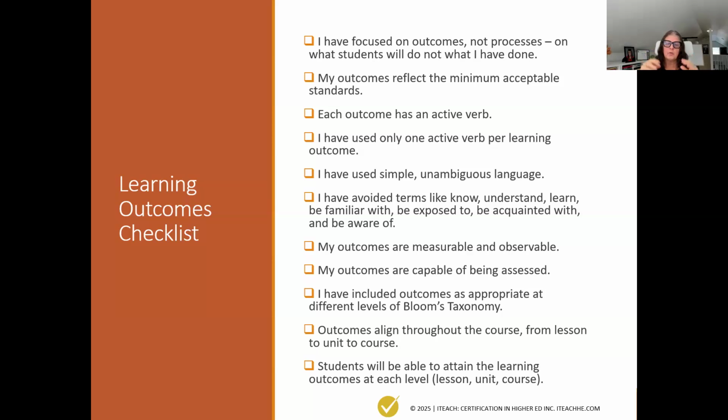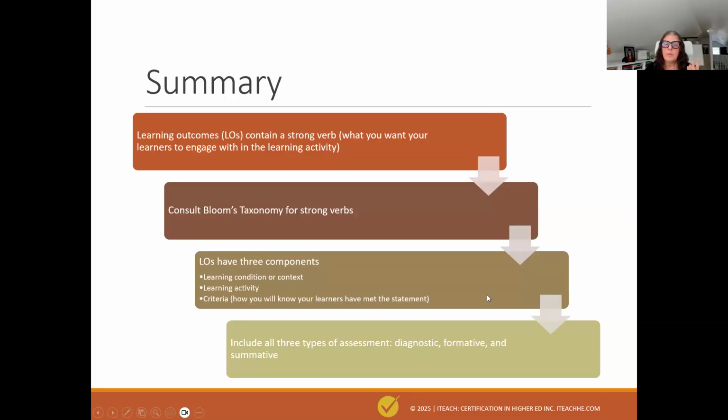So this really helps clarify things, and you want to make sure there's alignment. And then, in summary: strong verb, Bloom's taxonomy, the 3 components, and thinking of your diagnostic, formative, and summative assessment.